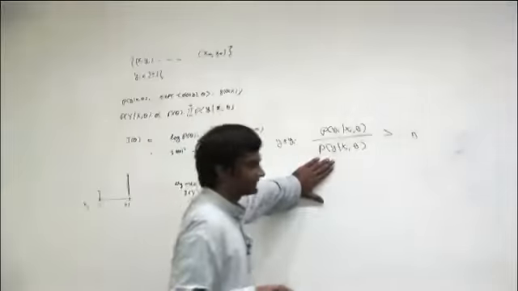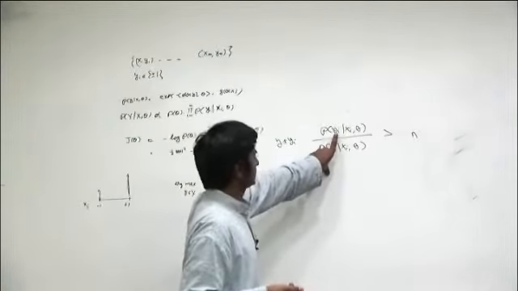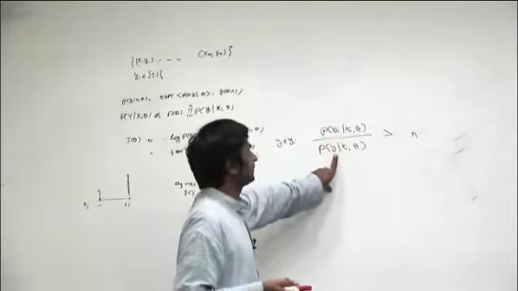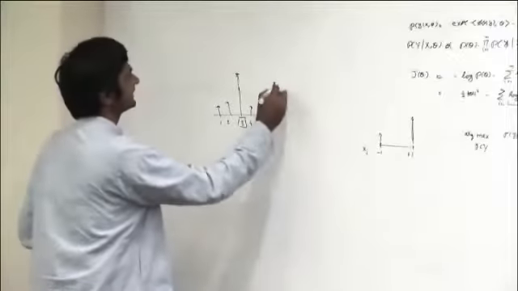Instead, what I really want is that the weight for 3 must be high, but not only that, I want to suppress the weights for everybody else. I want to push everybody else down.